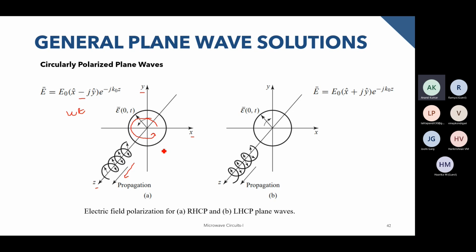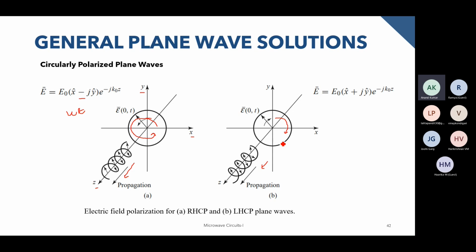Similarly, for the second case, you can see the polarization angle phi is in the clockwise direction, and if the wave is propagating in the z direction, if you point your left hand thumb in the direction of propagation, you'll see that the other four fingers are tracing the electric field vector.